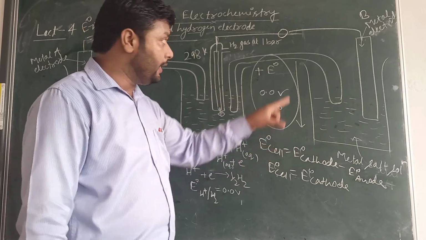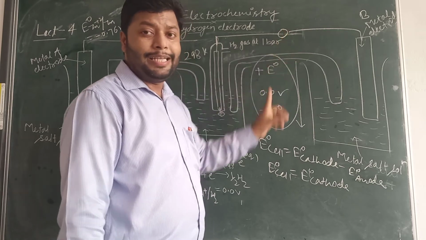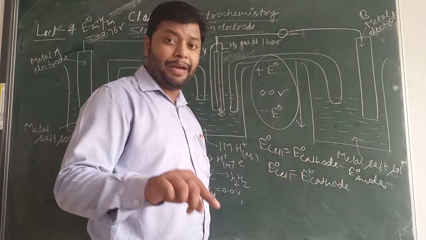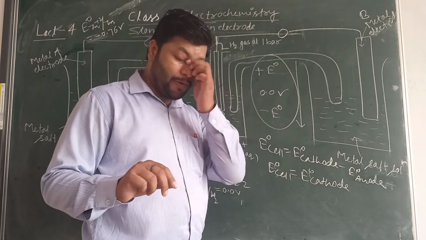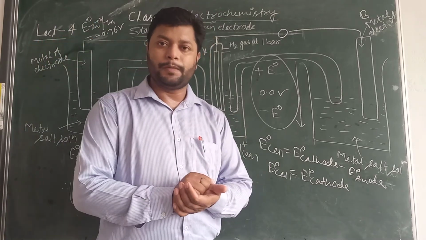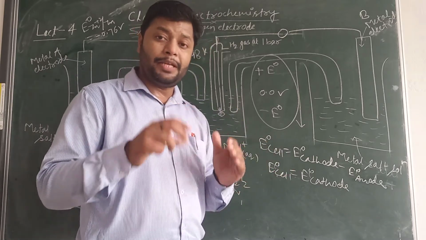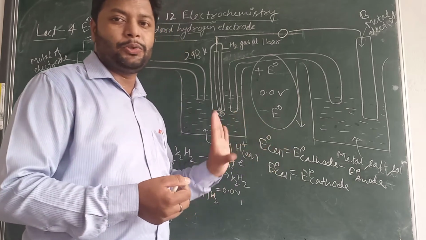In this situation, the electrode potential of the cell is equal to the electrode potential of the copper electrode, which is 0.34 volt, plus 0.34 volt. Like copper, many metals and non-metals have a tendency to be a cathode compared to hydrogen.